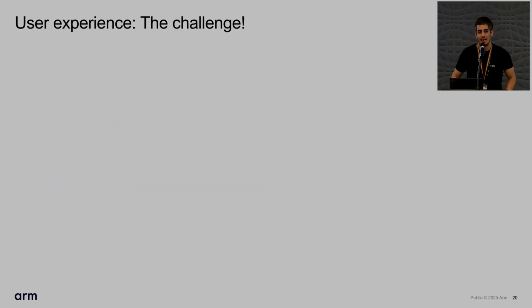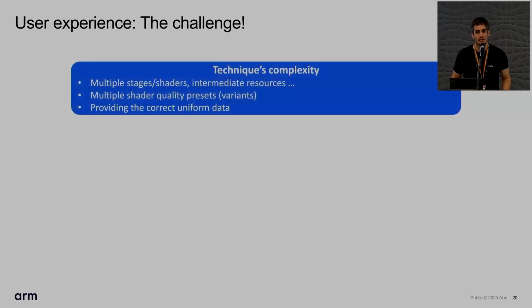Now, at the beginning of the presentation, I was talking about the user experience and the delivery mechanisms. And this has been a big challenge because, yeah, it's a pretty complicated technique. You have multiple stages, you have intermediate resources, you have to manage all of that.